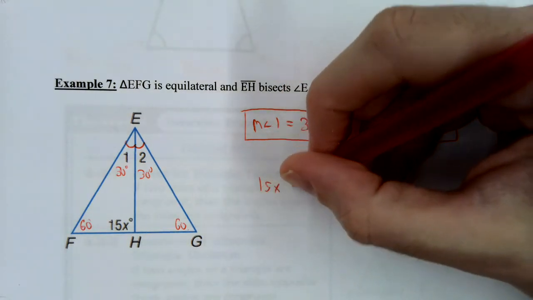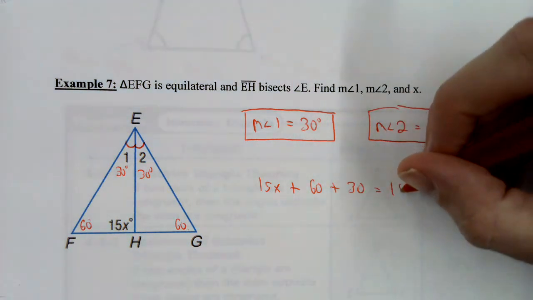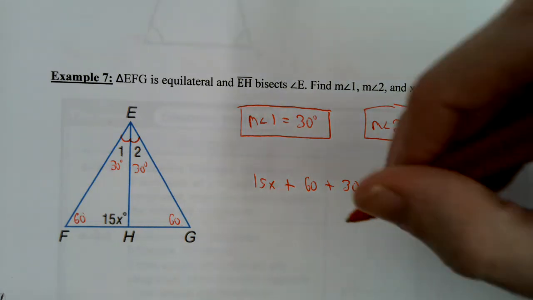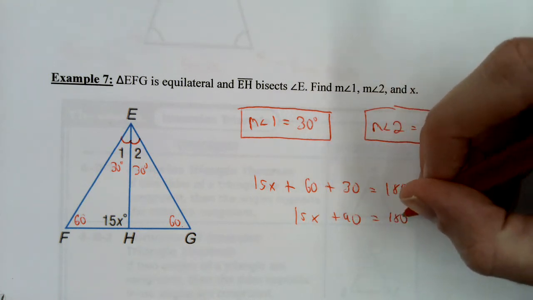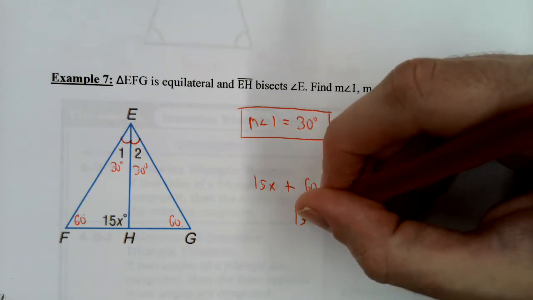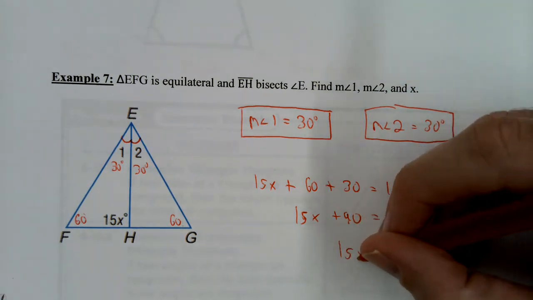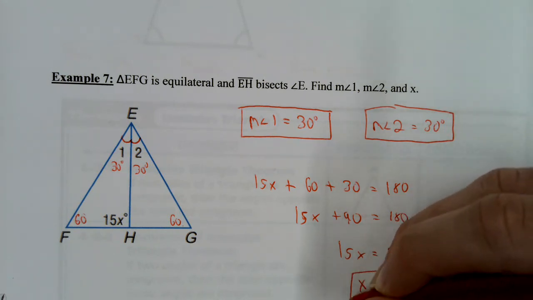So what we have is 15x plus 60 plus 30 equals 180. Okay? So 15x plus 90 equals 180. Keep going, solve for x. 15x equals 90, which gives you x equals 6.